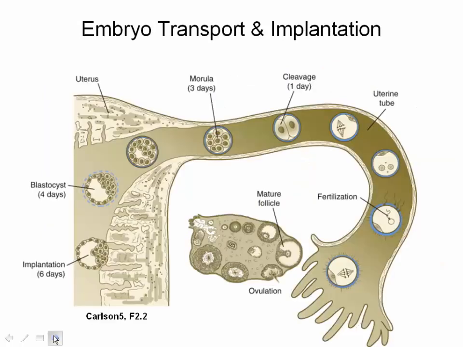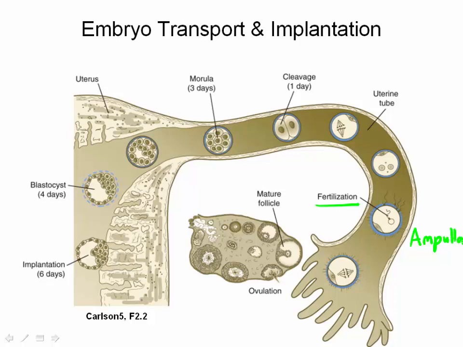This illustration depicts transport of the ovum and early embryo down the uterine tube and into the uterus. Fertilization typically occurs in a distal portion of the uterine tube in an area referred to as the ampulla. Fertilization may occur up to 5 days after intercourse.